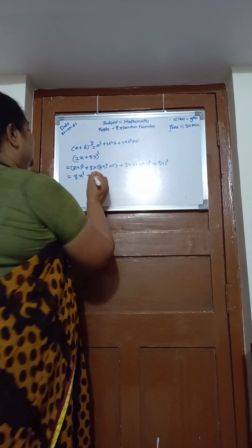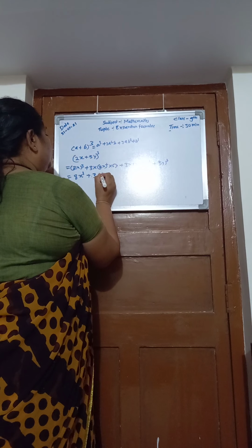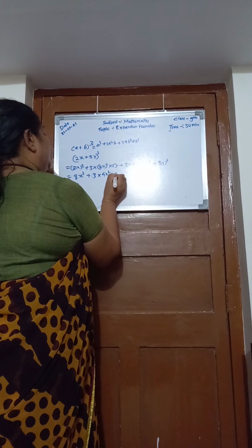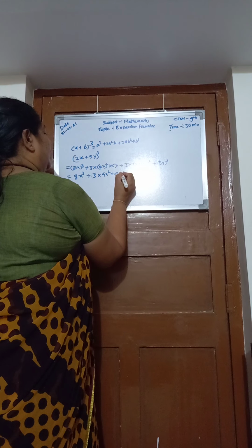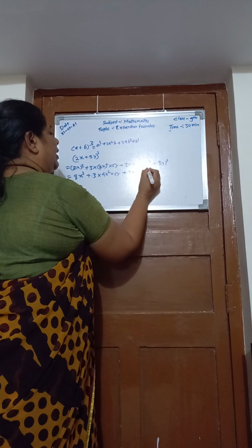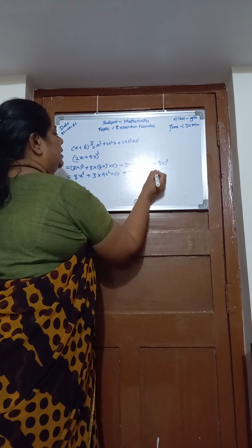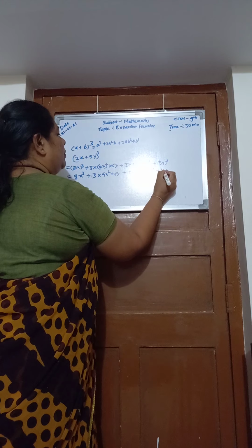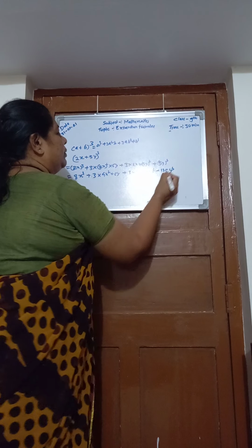We have to put this as 3 into 4x square into 5y, plus 3 into 2x into 5 square is 25y square, plus 5 cube, 125y cube.